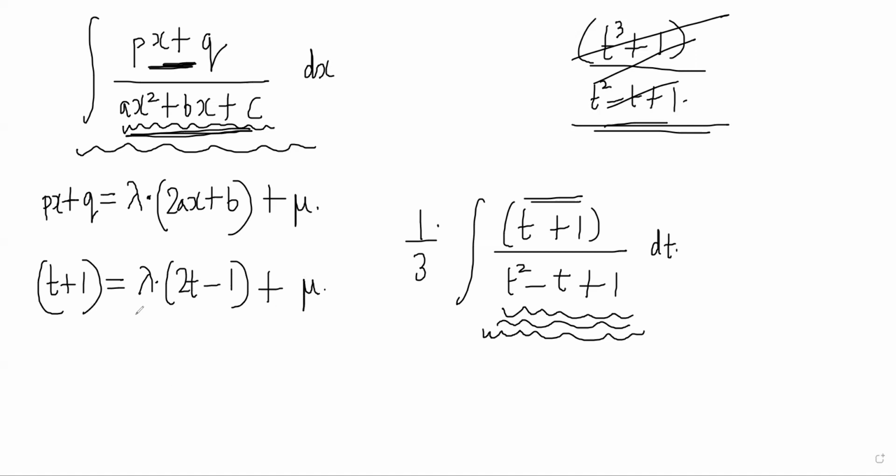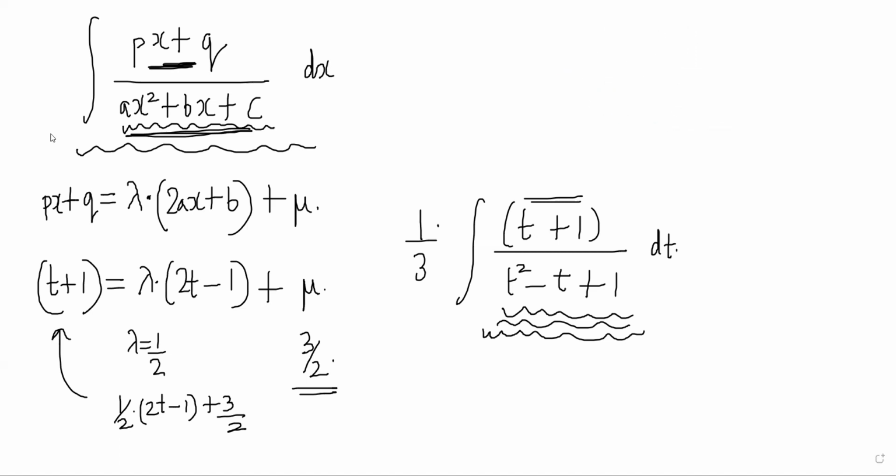So obviously my lambda should be half, right? तो इधर मैंने half बाहर में लिया और इसको 3/2 ले लेंगे, right? सबको दिख रहा है कैसे हो रहा है? Half times 2t minus 1 plus 3/2 will give me t plus 1, right? I hope it is clear to everyone.